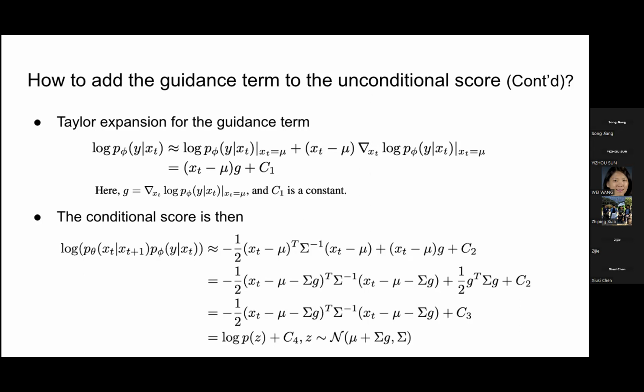For the first line, the log of the multiplication of the two probabilities, if you go from the second line to the first line, the proof is much easier. Group x_t minus mu as one term and sigma g as the second term, and just expand it.